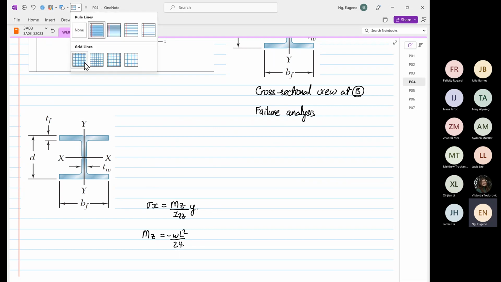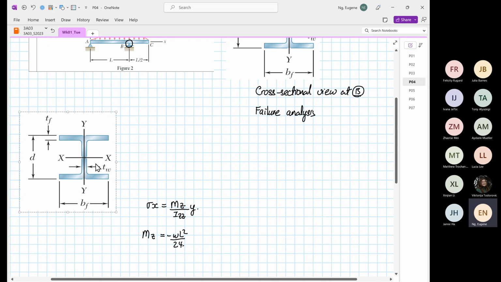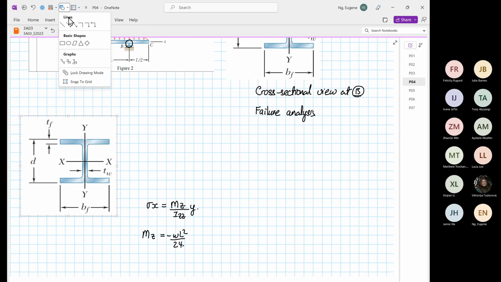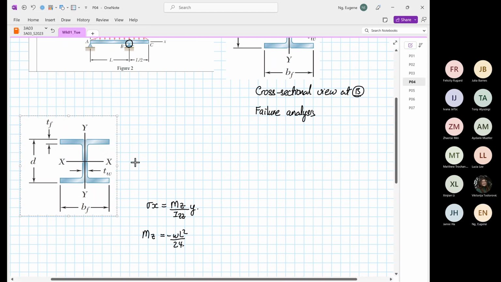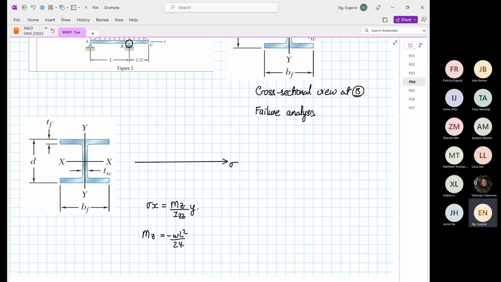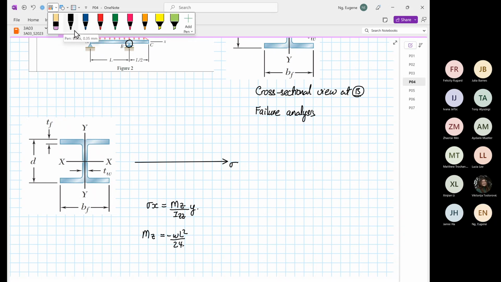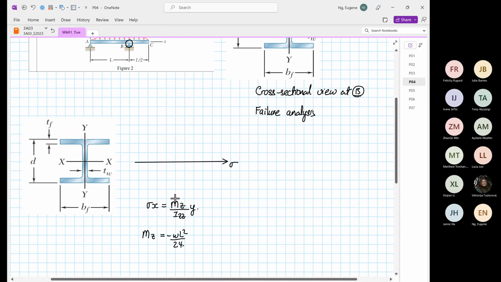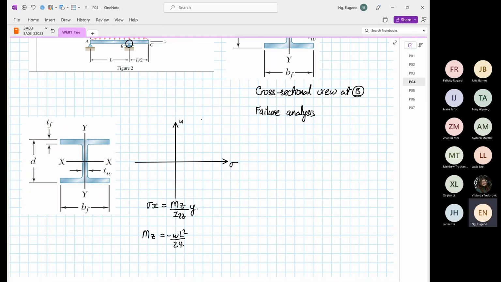Now I'm going to sketch the stress distribution. Over here we have our normal stress direction, and the vertical axis is going to be y. Again, this is just a sketch.